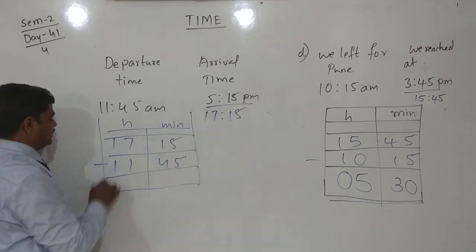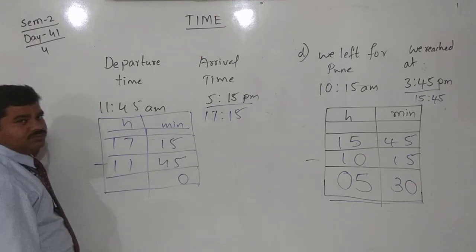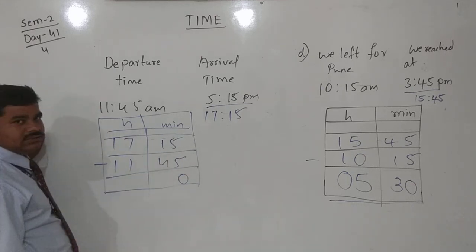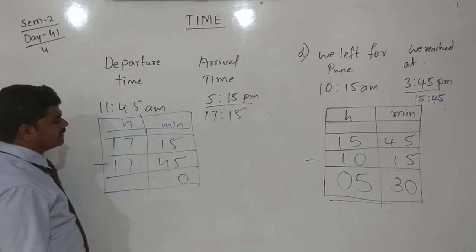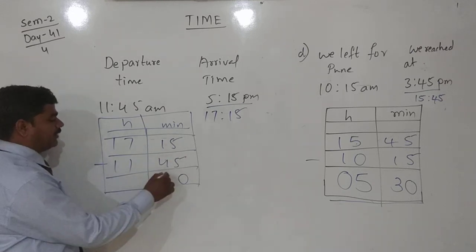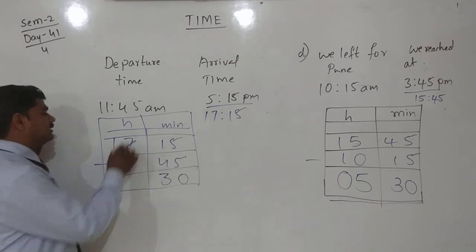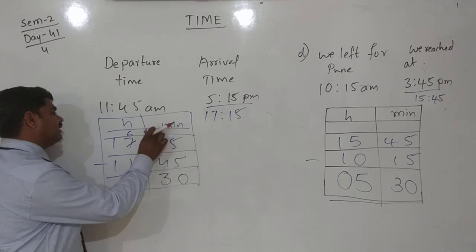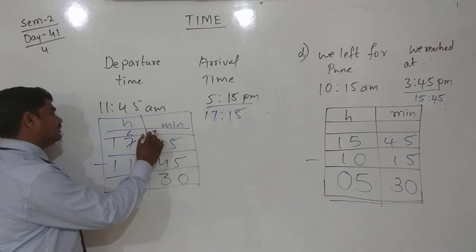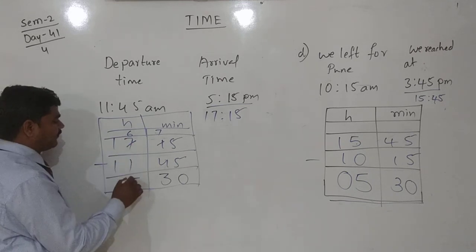Very simple. 5 minus 5 is 0, 15 minutes, and convert here, you think 75 minutes. 75 minutes minus 45 is 30 minutes. Here reduce 1, this is 6. 6 minus 1 is 5.